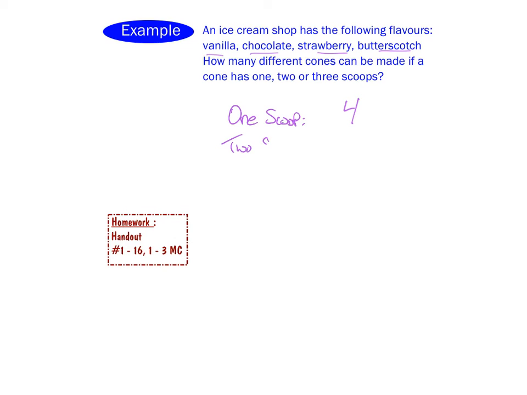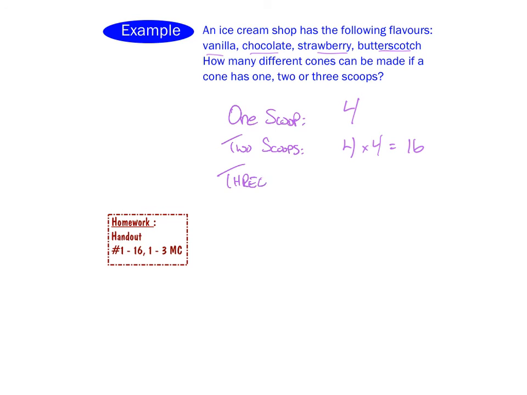For 2 scoops, you have 4 choices for the first scoop and 4 choices for the second scoop. So that's 16 choices or options if you're going to go ahead and have a 2 scoop ice cream. So there's 16 ways of doing that.